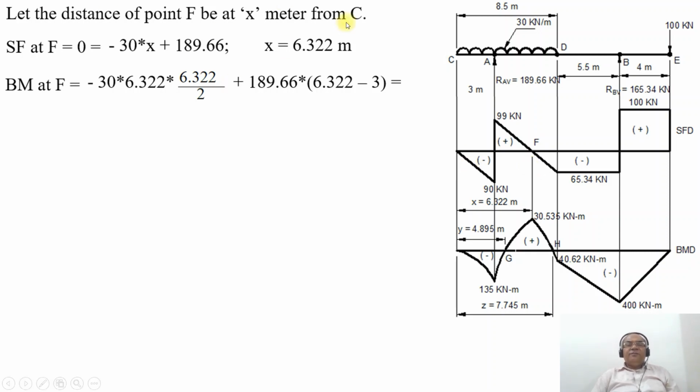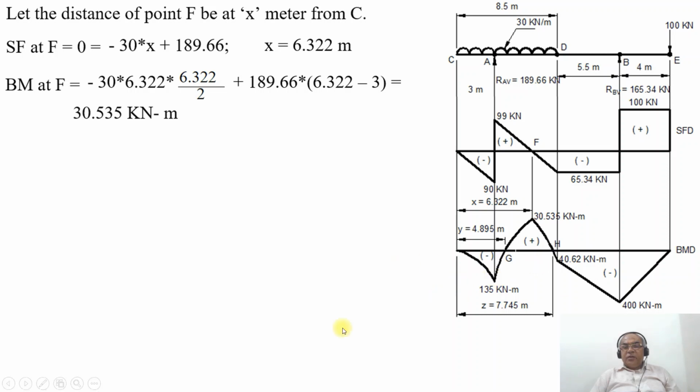You know the value of x is 6.322, so substitute that: minus 30 into 6.322 into 6.322 by 2 plus 189.66 into 6.322 minus 3. On simplification, you get plus 30.535 kilonewton meter. So at the point F, you have the maximum bending moment as 30.535 kilonewton meter.